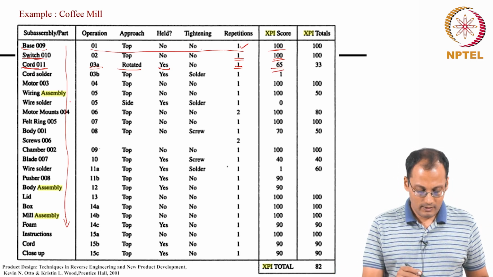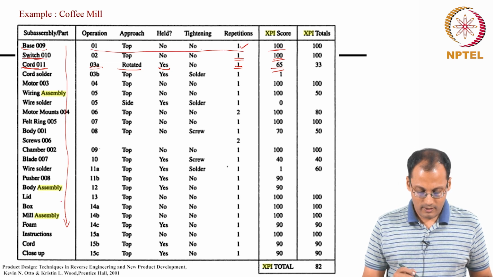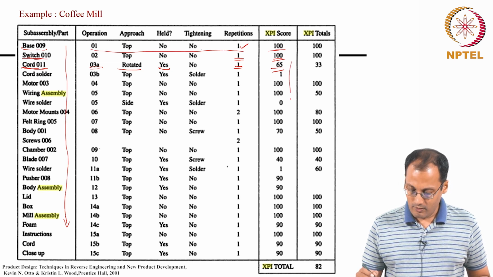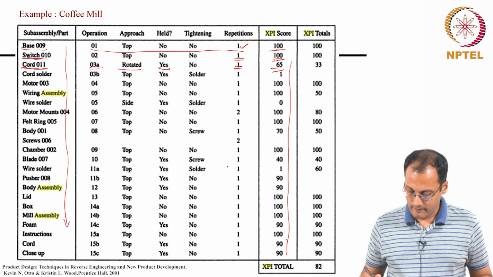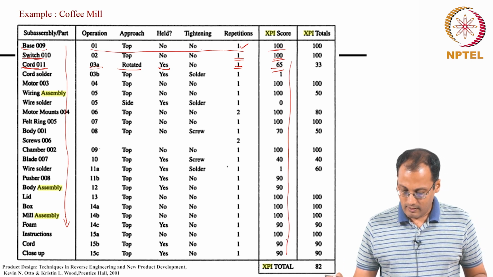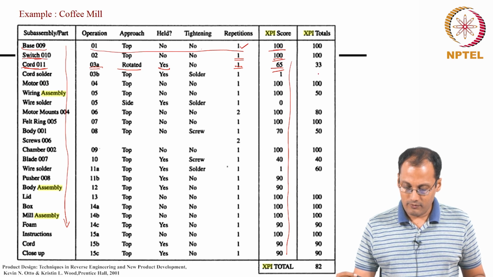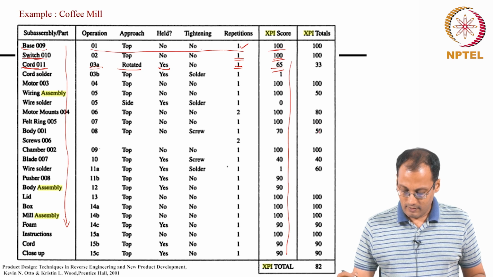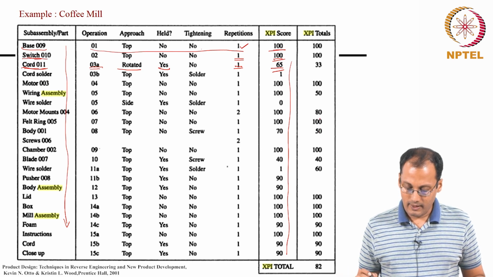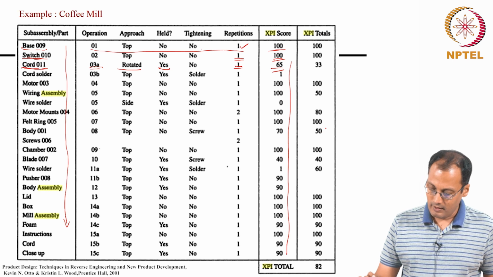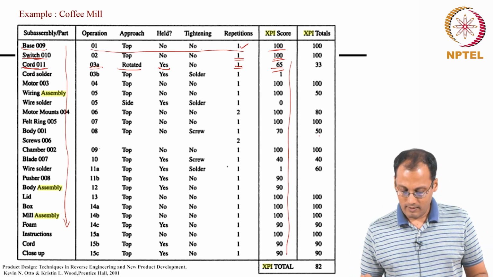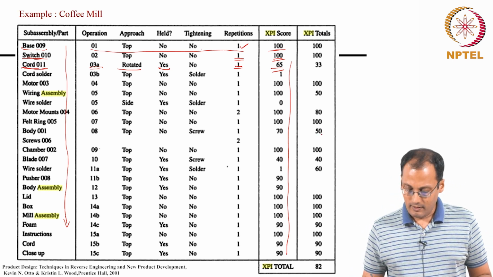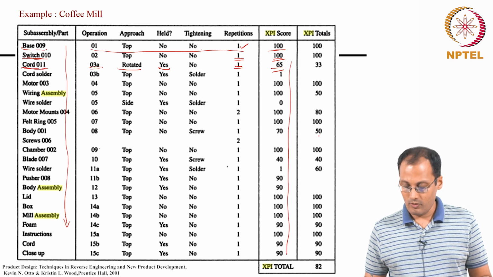So, like that, for each of these components the assembly score is tabulated, and depending upon the number of times it is being repeated, for n number of operations, it is negated, like 10 score is negated.